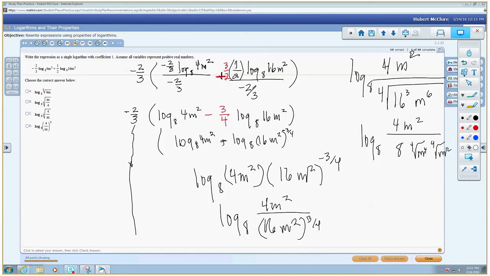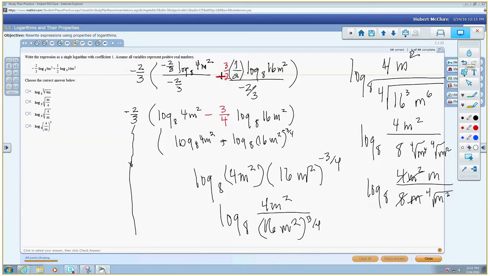And the fourth root of m to the fourth is m. So log base 8 of 4m squared over 8m times the fourth root of m squared. And that will take this out, and that'll be a 2. And that will take this out. Oops, I'm sorry. Let me back up. That will take this out and leave an m.